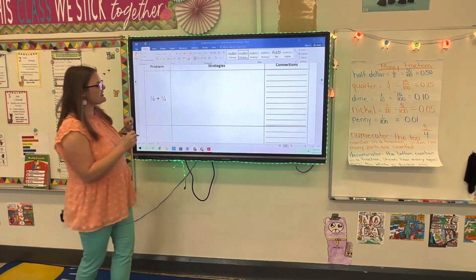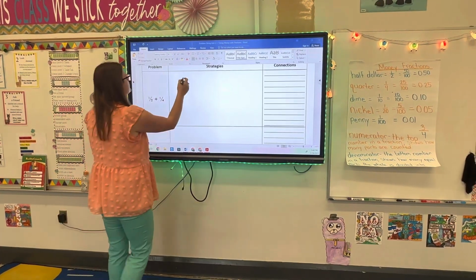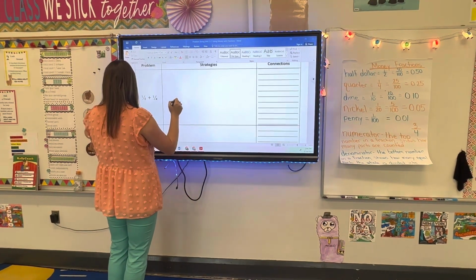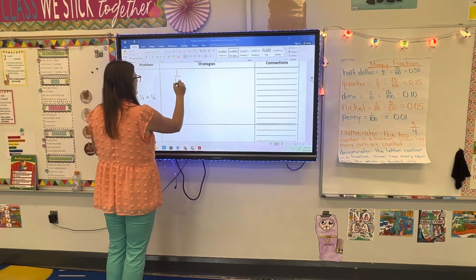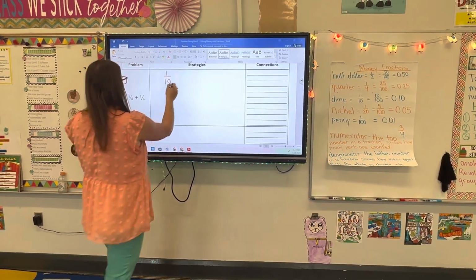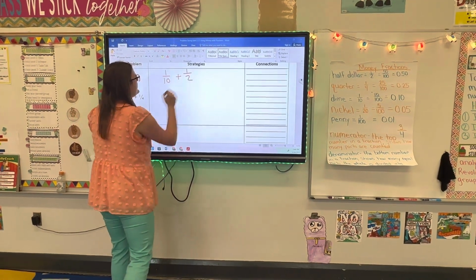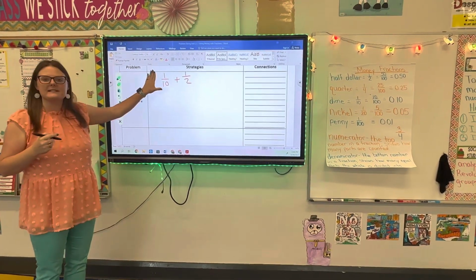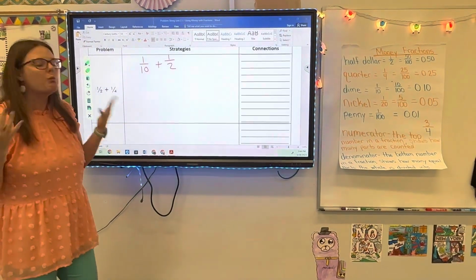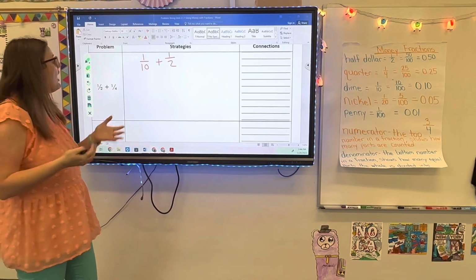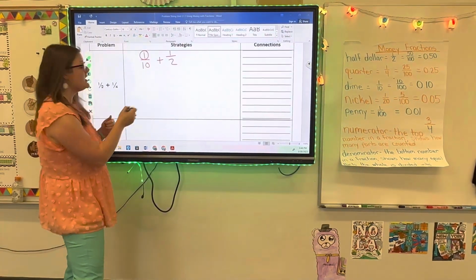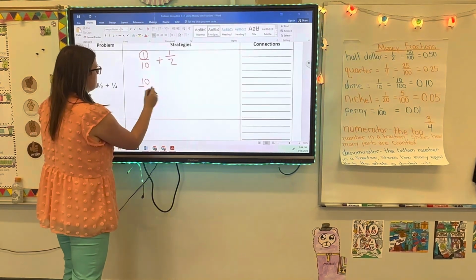All right, let's try one more. Because I can't control my board over here with the mouse, let's just do a 1/10 plus a half. Okay? So I need to ask myself, if I have one coin and I need 10 of these to make $1, what coin am I talking about? Well, I need 10 dimes to make $1. So if I have one dime, I have 10 cents.